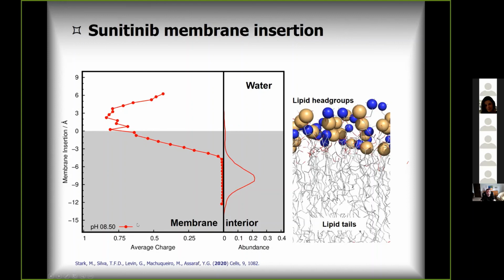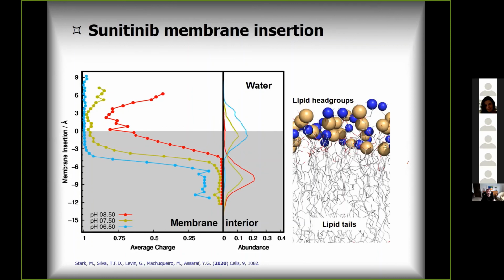This is particularly remarkable and easy to happen at pH 8.5. But if you decrease the pH to 7.5, you see the same profile, but it's shifted, because at pH 7.5 the pH will favor more the protonated population.